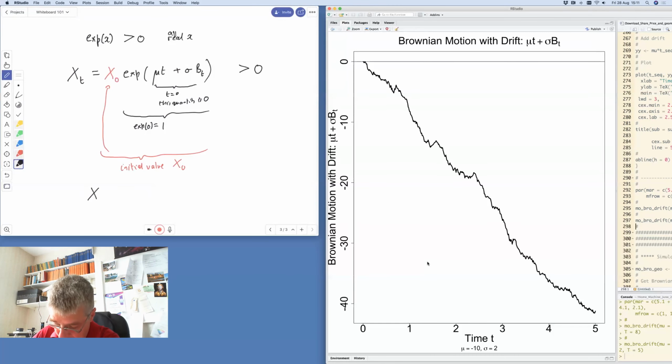So the model xt, which is initial value multiplied by the exp of Brownian motion with drift, that is a straight line with a wiggle, that is referred to as geometric Brownian motion. And that is the basic model for share price.